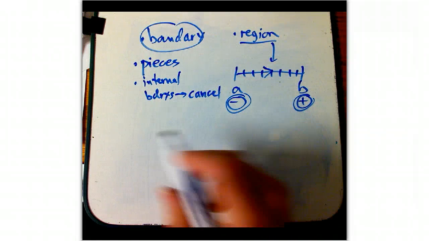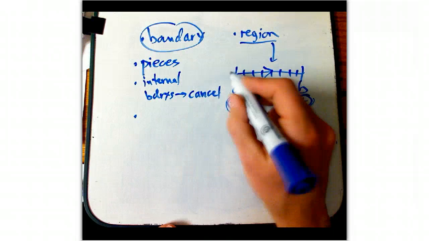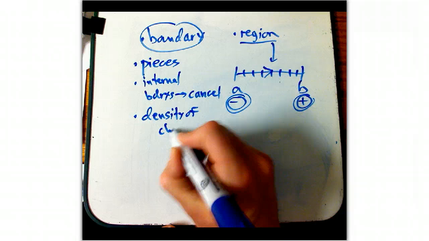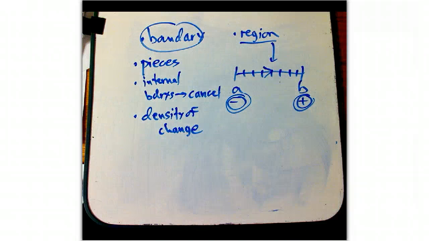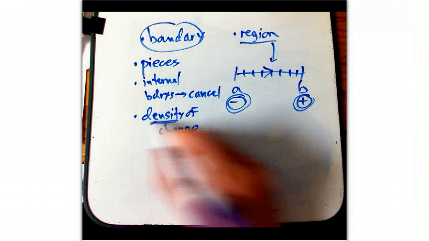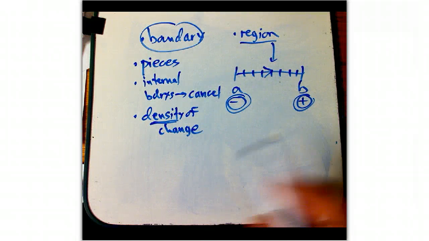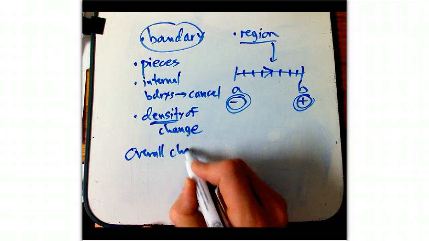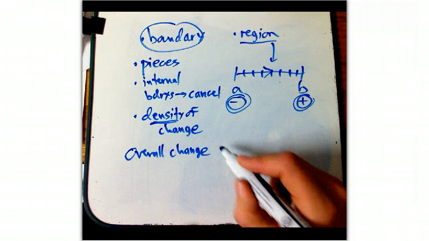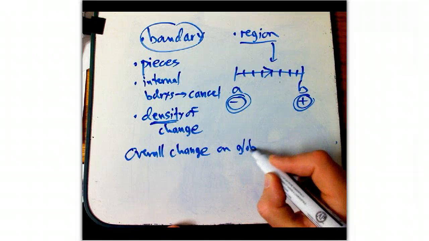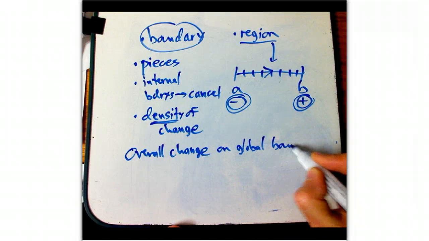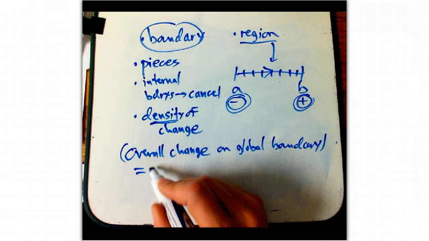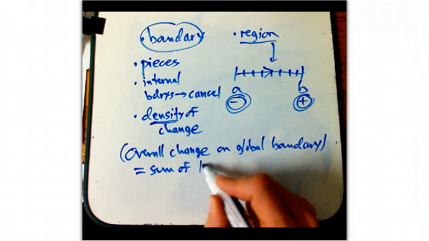And then on each piece, we look at the change, but we actually look at the density of change. It's usually called the rate of change, but here I'm going to call it the density because in 2 dimensions, the rate isn't going to make much sense. Then what we say is that the overall change on the global boundary, that's f of b minus f of a, we express as the sum of all the local changes.